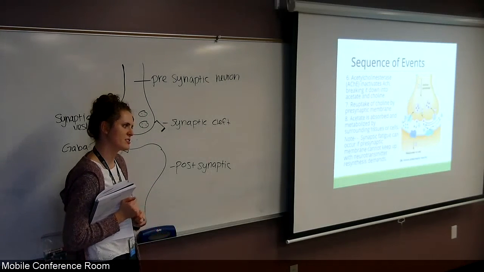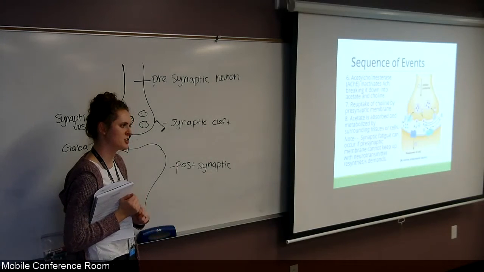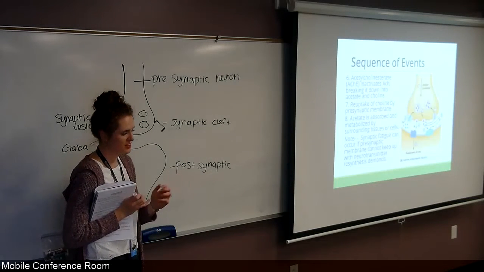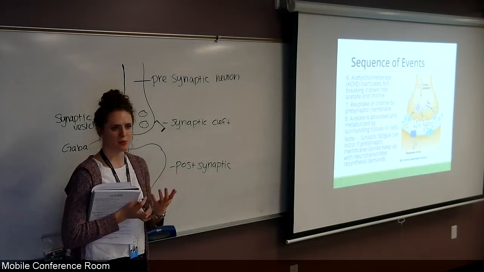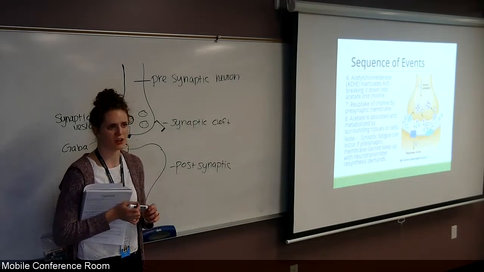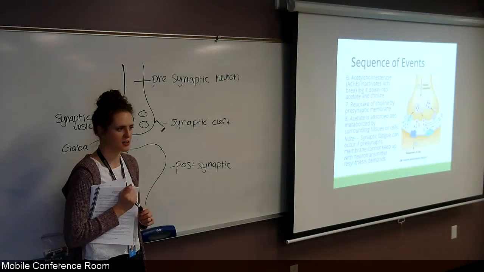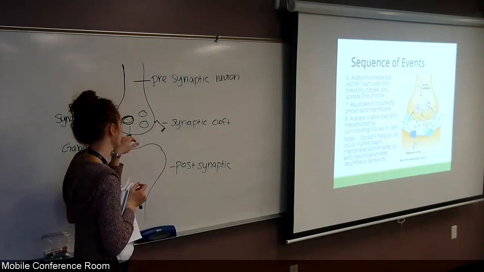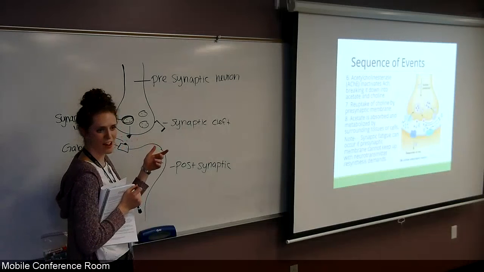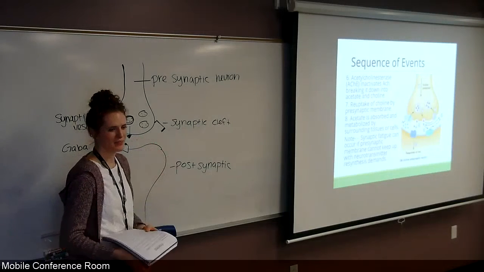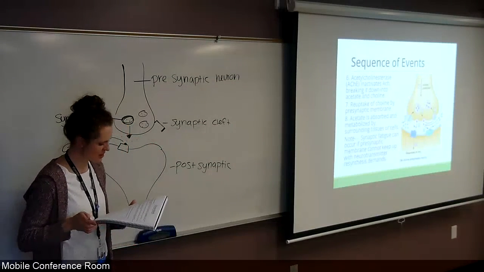You have too little serotonin, you're going to be depressed. That's literally what causes depression, is you don't have enough serotonin in your brain. And so you take drugs to either stop serotonin from being broken down or put more serotonin in your brain. Cool, right? It's awesome. So I think I made it through everything.